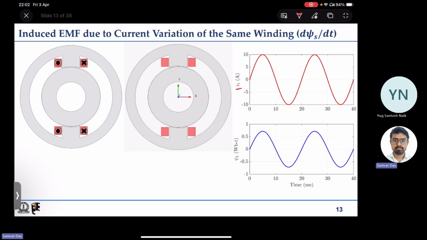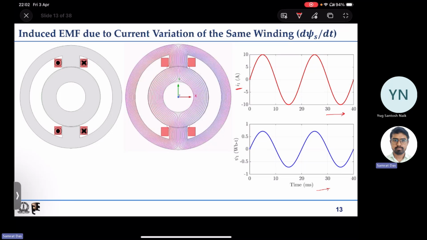So if there is some change in current, so this is the time axis, as shown here on the bottom. If the current is changing with time, then the flux distribution also changes. So the flux linkage by the coil will also change, right? Whenever current is zero, there is no flux linkage.